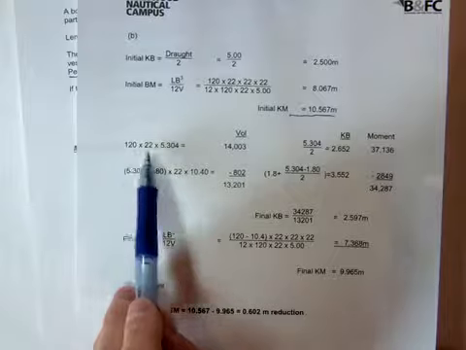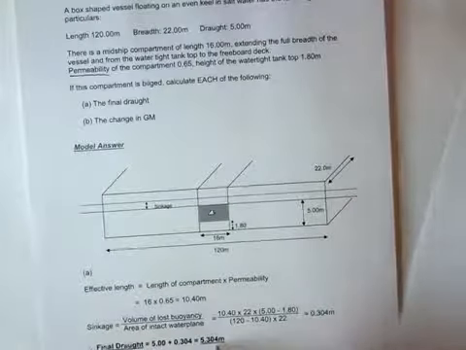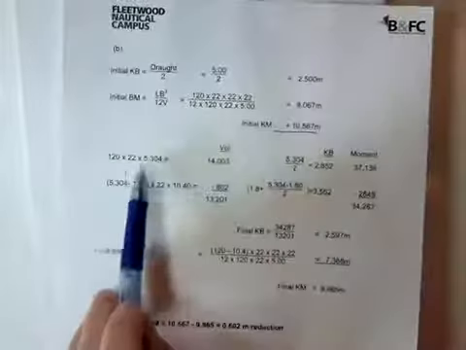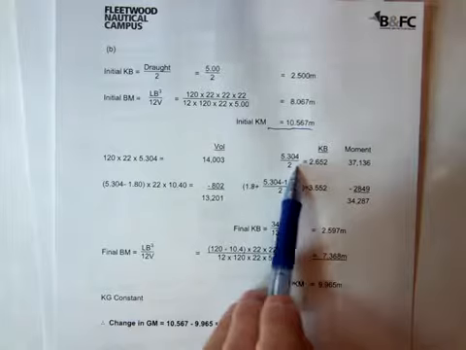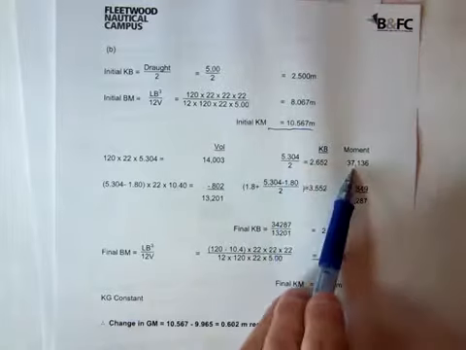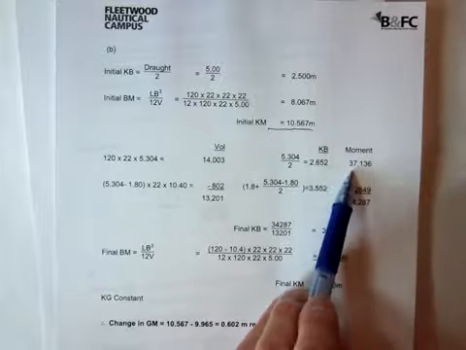The KB, well, we've got a volume of 120 by 22 times the new draft, 5.304. So 120 by 22 times 5.304 multiplied by half the KB will give us these moments, and then we have to subtract from that the bilged compartment.